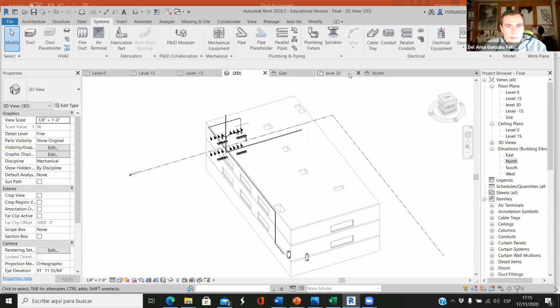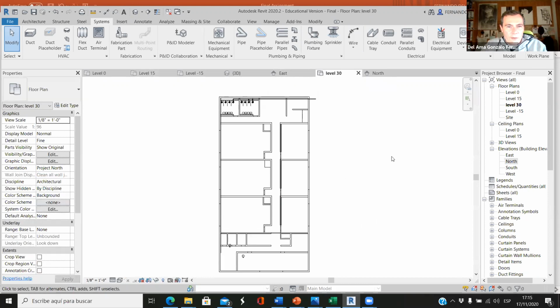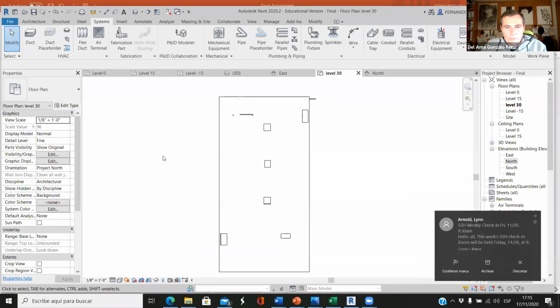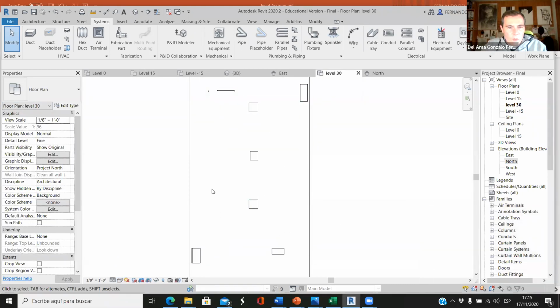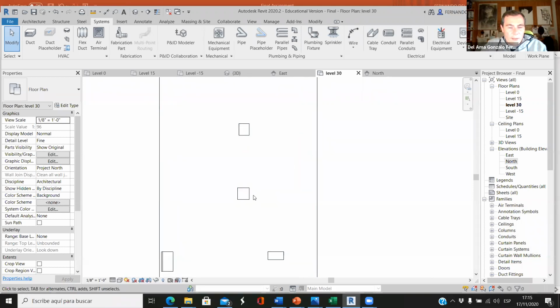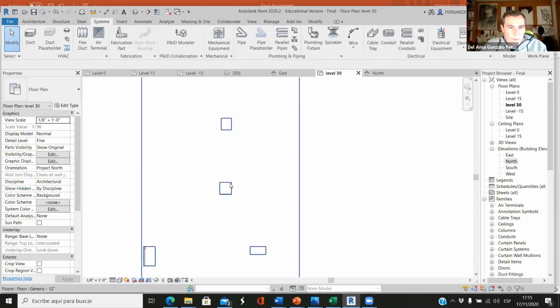We should place the air handling unit on level 30, hidden line. This is the roof, and we need to place the air handling unit, but we have to be careful because we have those shafts.